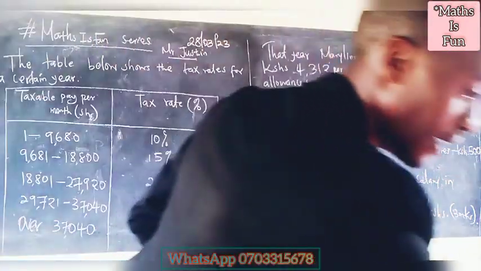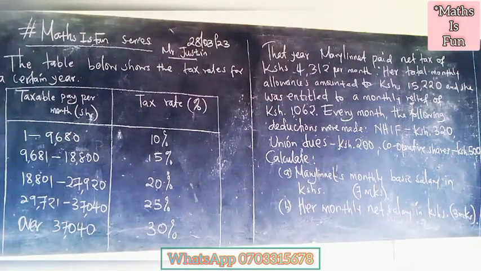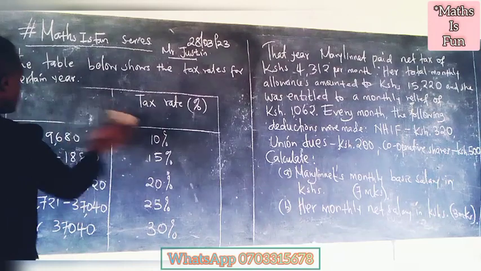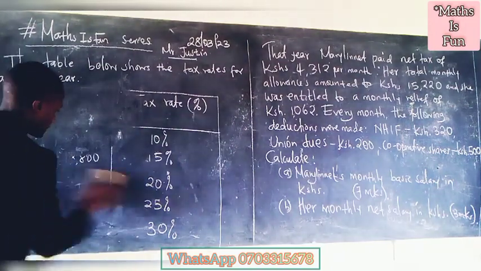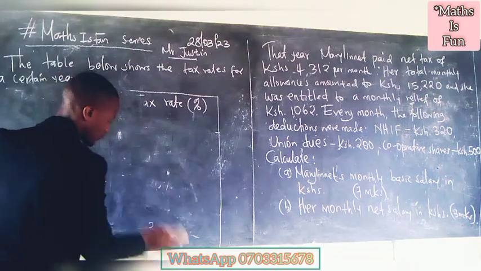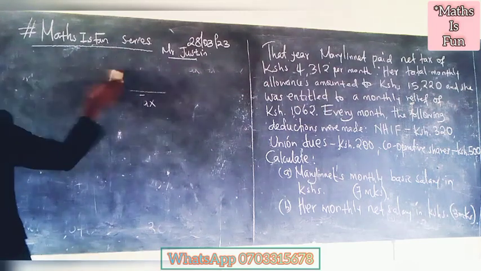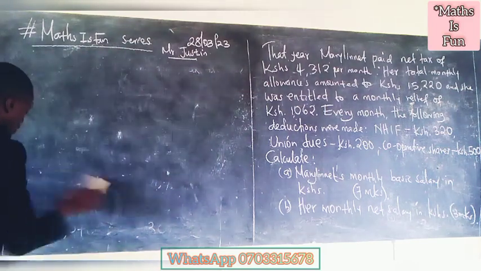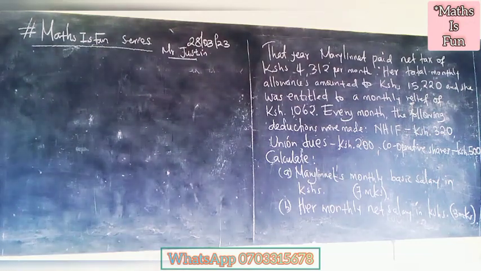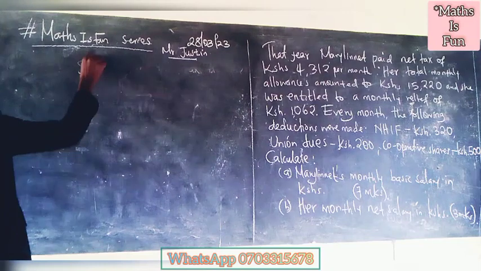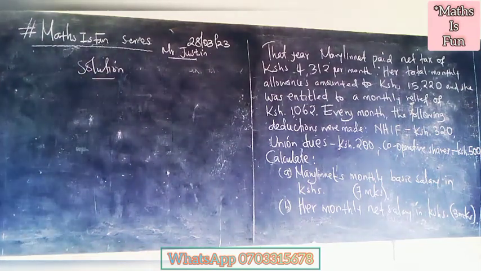Now, back to the question. I want us to solve this question in this way. Allow me to clean this part, because I'm very sure you've written down this question. Before we go into the slabs part, let us learn some of the formulas.